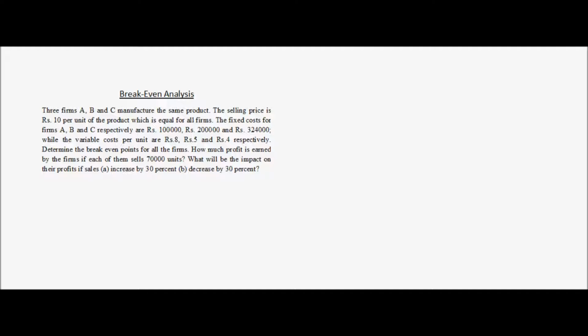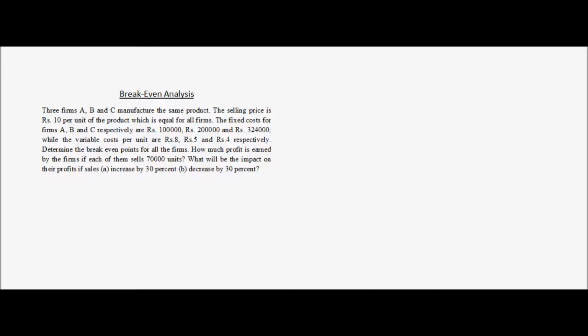The fixed costs for firms A, B, and C respectively are rupees 100,000, rupees 200,000, and rupees 324,000, while the variable costs per unit are rupees 8, rupees 5, and rupees 4 respectively.